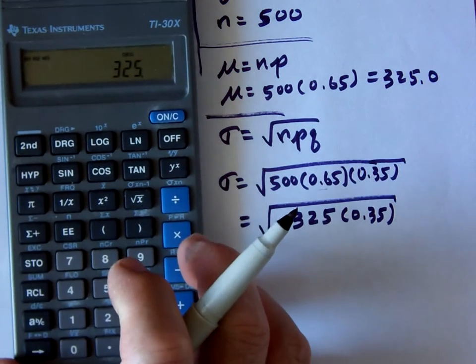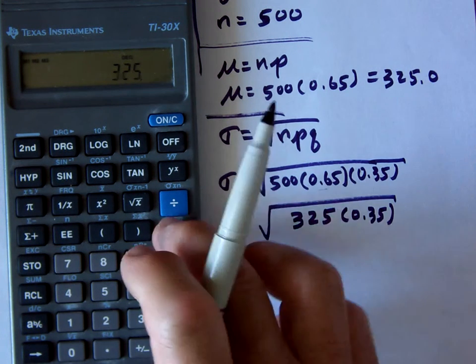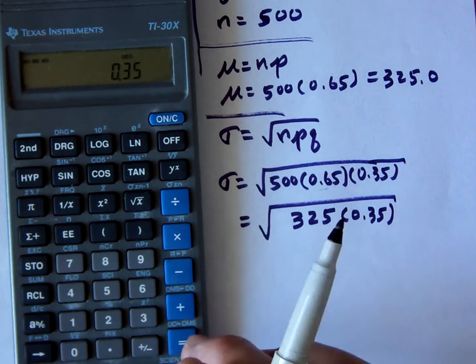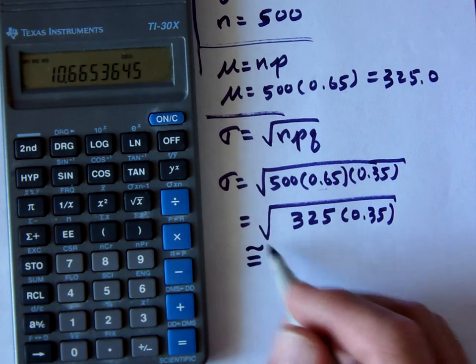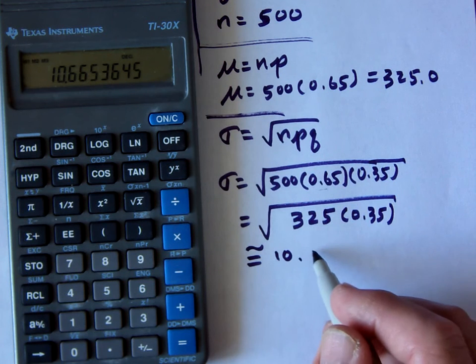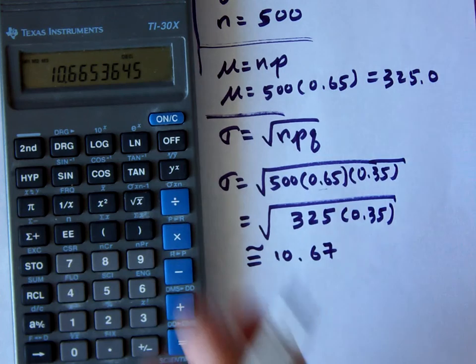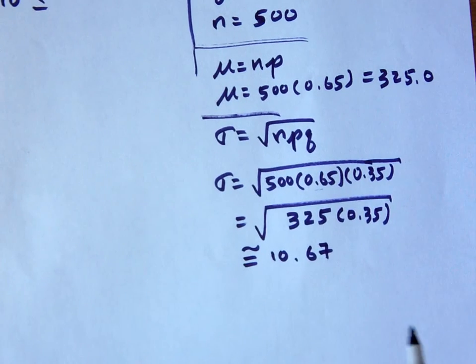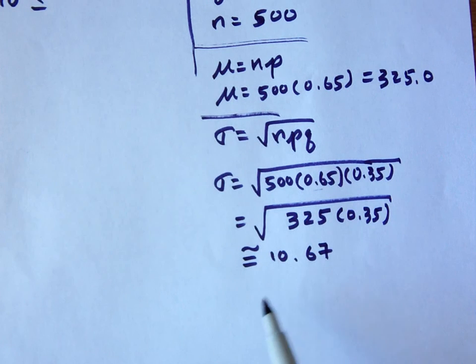That gives me about 10.67. So I have the population mean of 325 and standard deviation of 10.67.